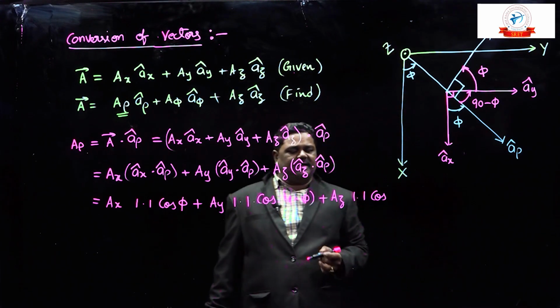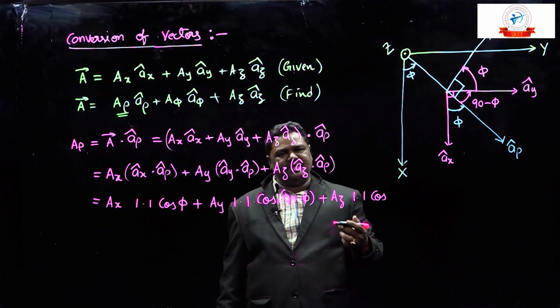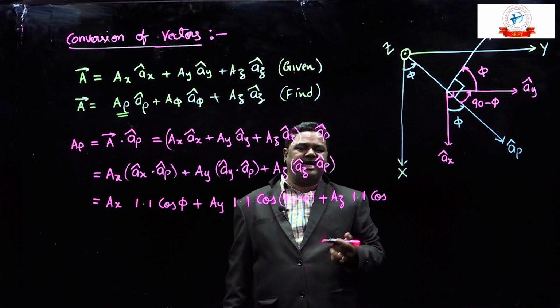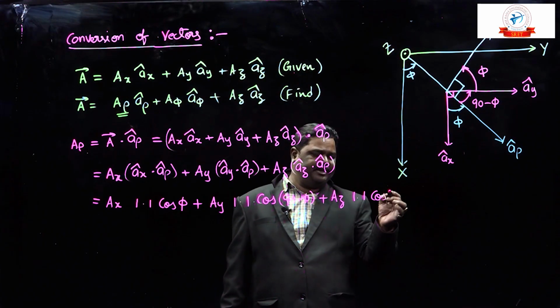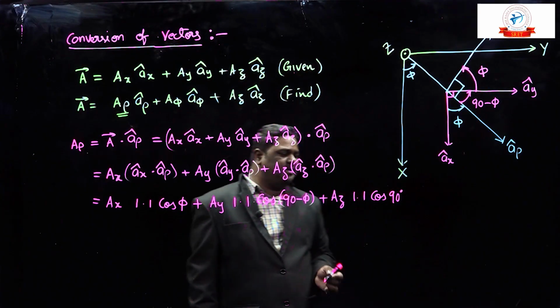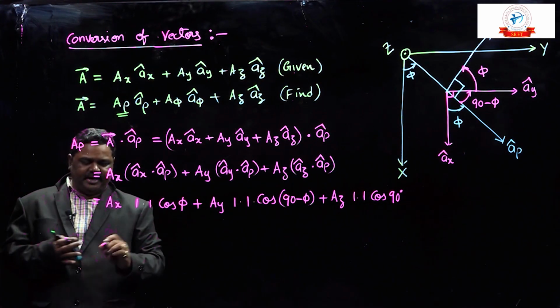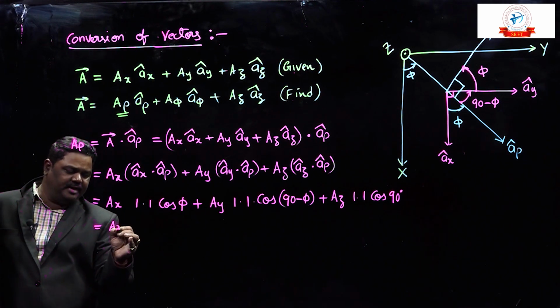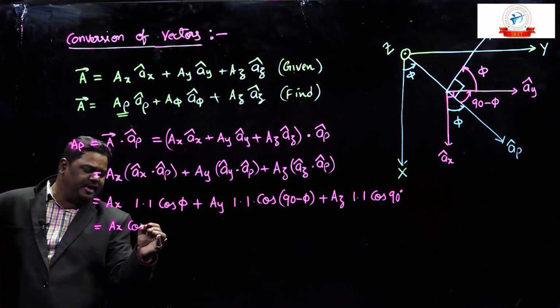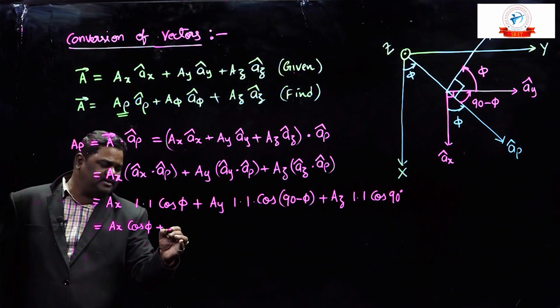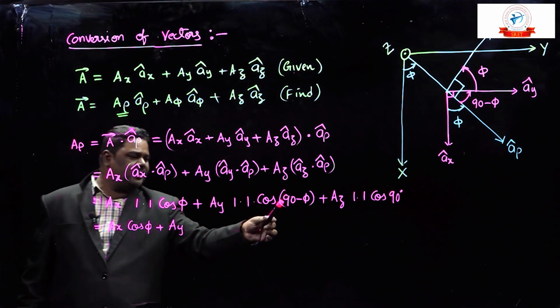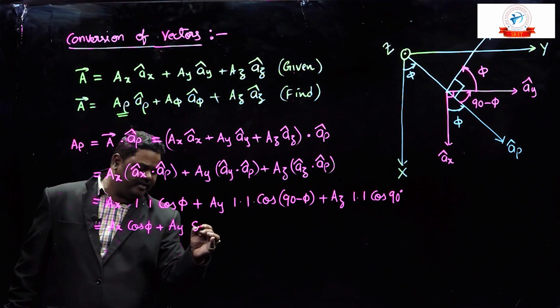Angle between any two unit vectors in cylindrical is 90. So write cos 90. Okay. So then here it will be ax into cos phi, plus ay into cos of 90 minus phi, which is sin phi.